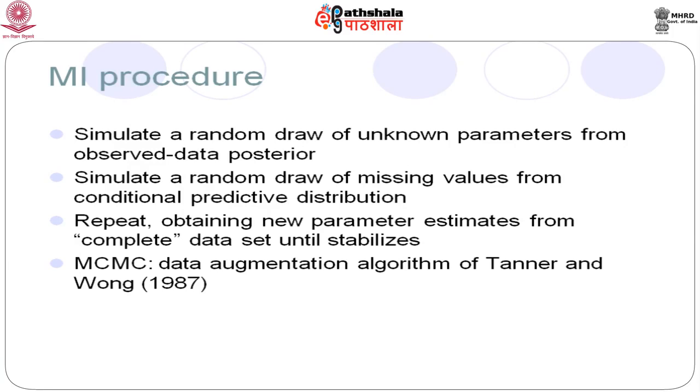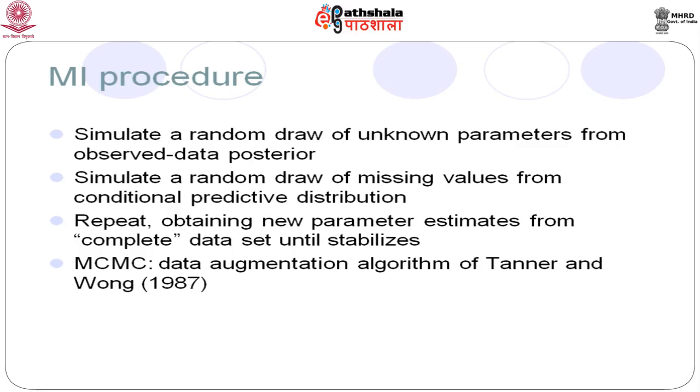So what is happening is that first, in the Markov chain Monte Carlo technique, we generate observations on unknown parameters given the data, and then generate observations on the missing values given the data. We repeat this, obtaining new parameter estimates from the complete data set until it stabilizes.